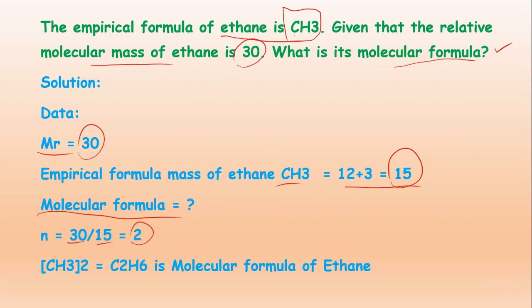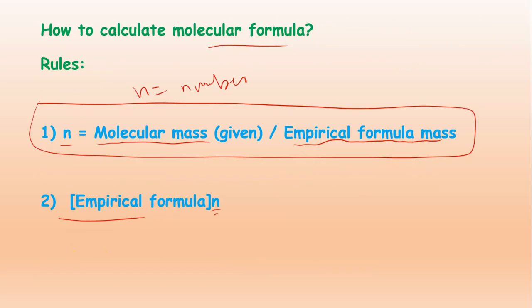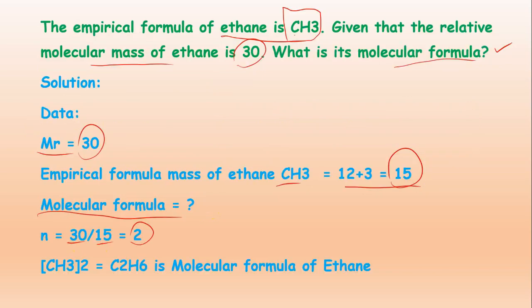The answer is 2. Now where will we place that 2? Look here, we write the empirical formula in brackets and then multiply by that number. So the empirical formula CH3 multiplied by 2 gives C2H6, which will be the molecular formula of ethane.